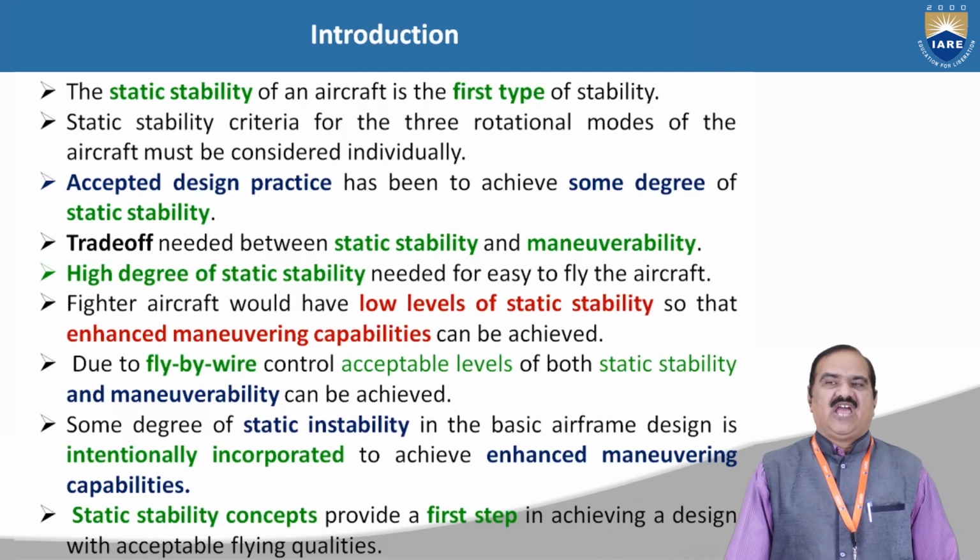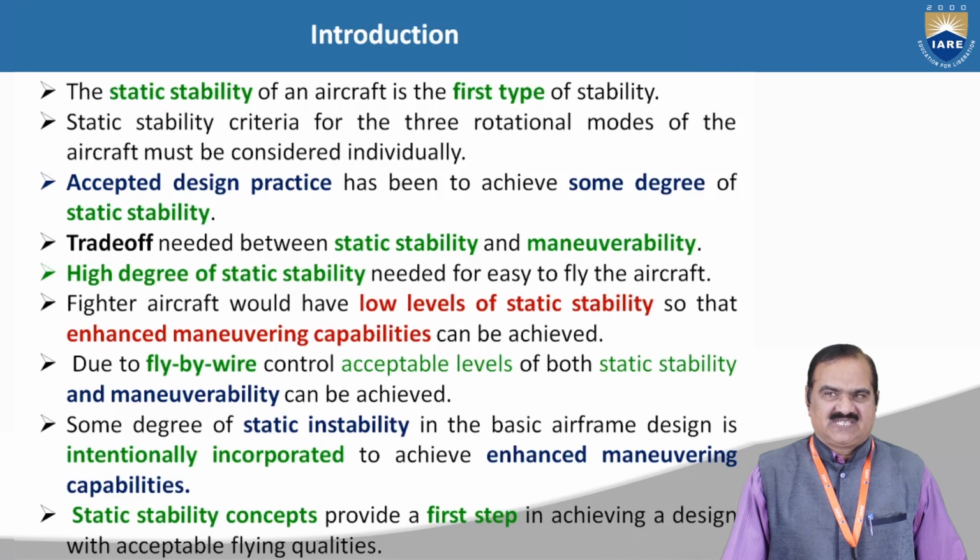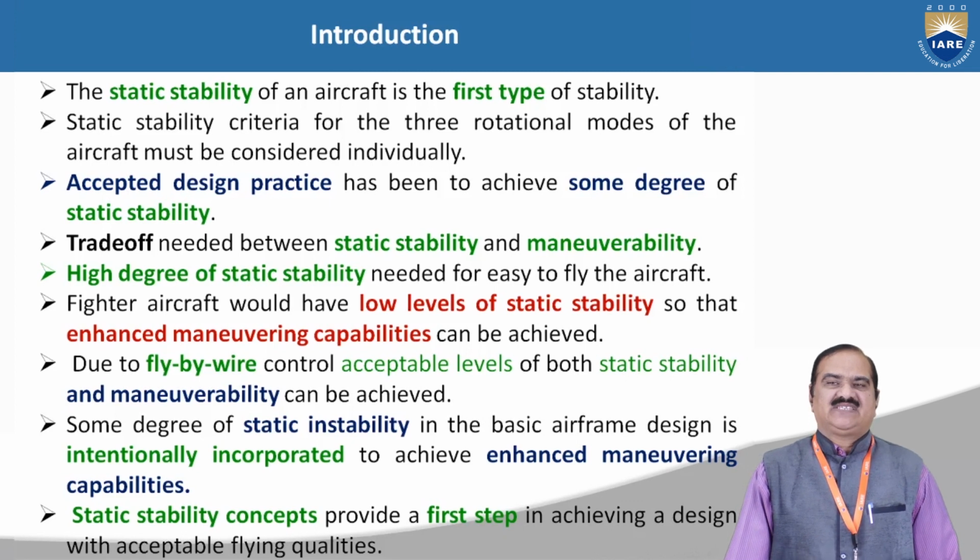Fighter aircraft will have a low level of static stability so that enhanced maneuverability can be achieved. In a fighter aircraft we need maneuverability; it should be able to perform at a very high level of maneuverability, so it will have a very low level of static stability.